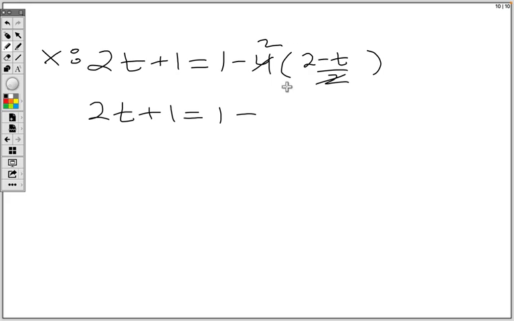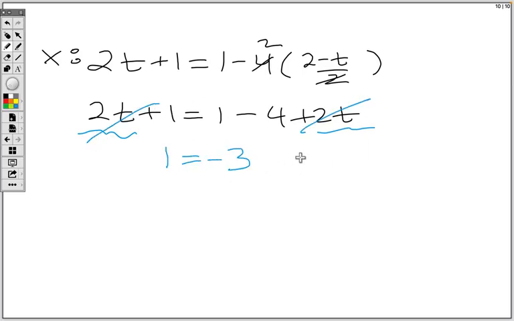The negative 2 times the 2 is a minus 4, but the negative 2 times the negative t is going to be a positive 2t. And look what happens. What happens to the two t's, folks? When I try to solve, what do I get? Yeah, they cancel out. So I get 1 equals negative 3, and that's no good.